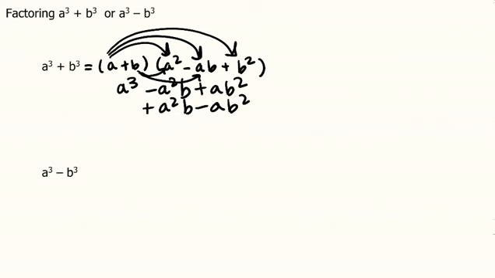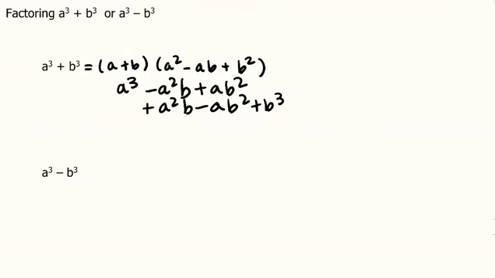And when I bring that over here, I'll have positive b times positive b squared is plus b to the third. When I add these things all together, I'll have a to the third plus b to the third. So this is the rule for sum of cubes.